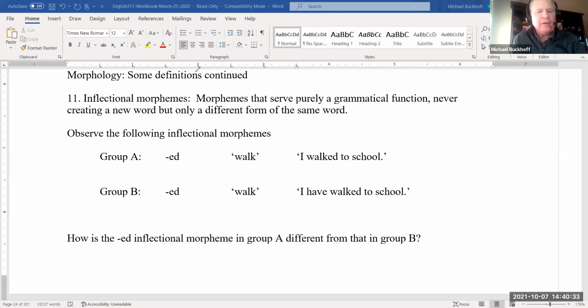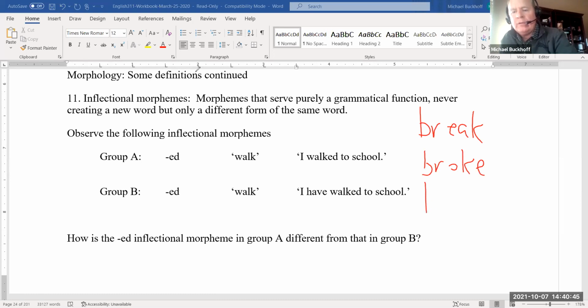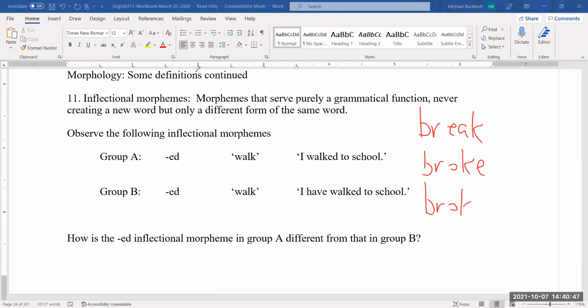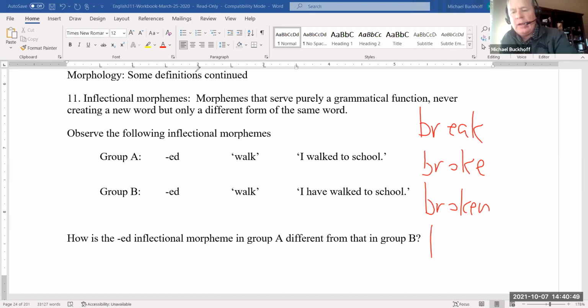If I take some words here, I could say break, and then I can say broke, and broken, and then I can say breaking. I want you to look at these, and this might help you. We even have another one, which is called to break.